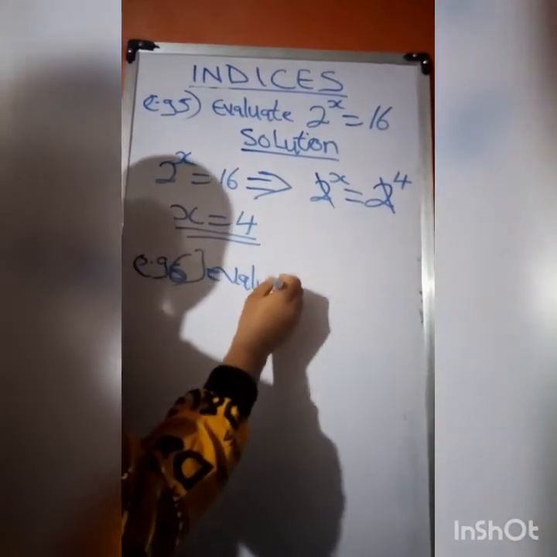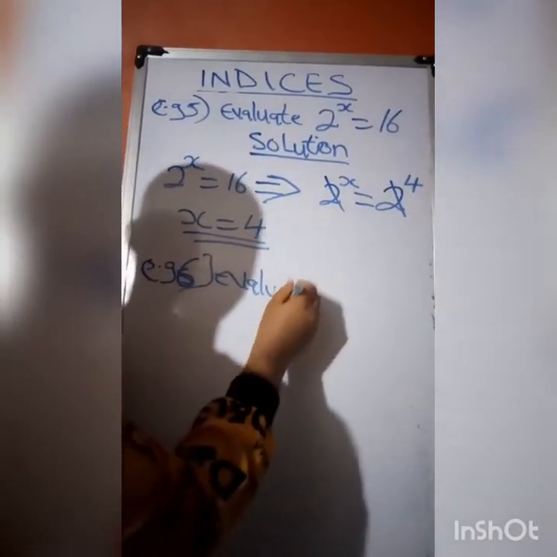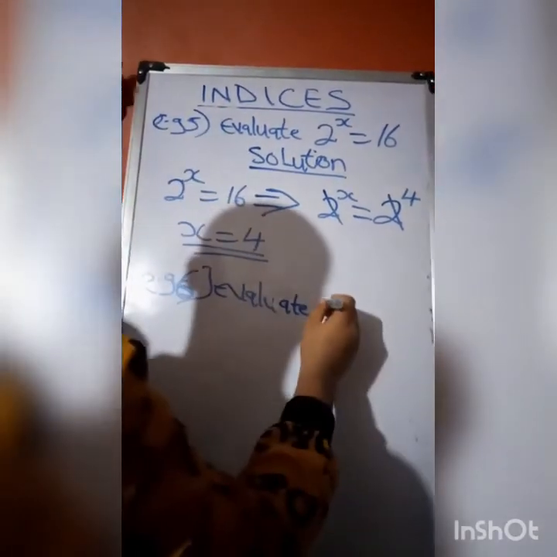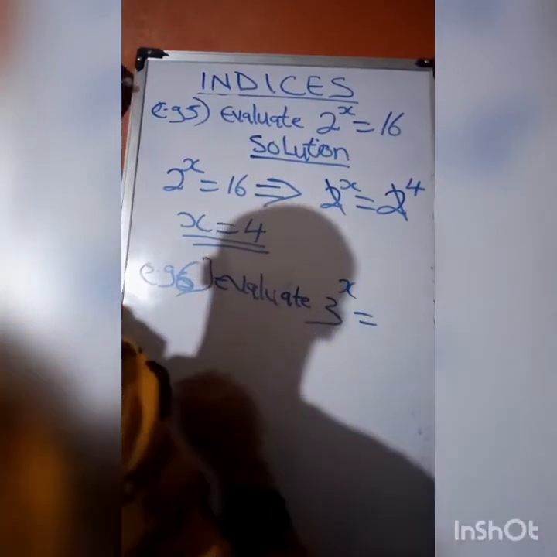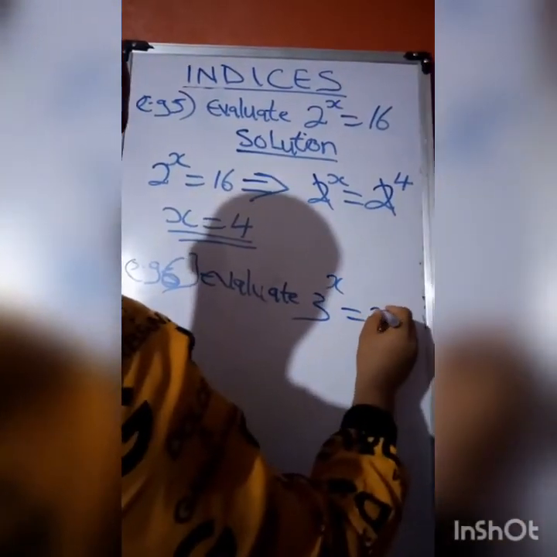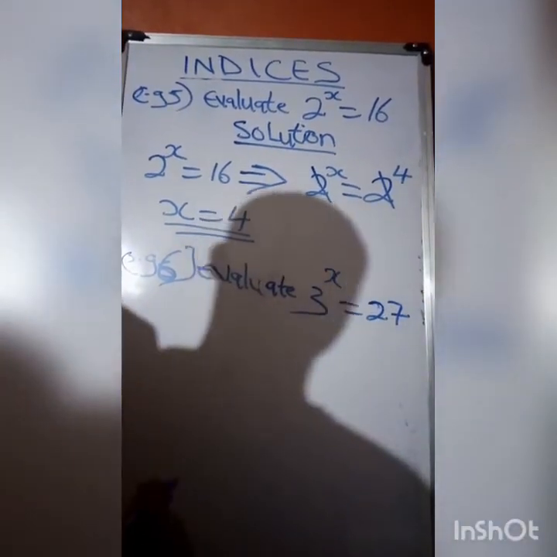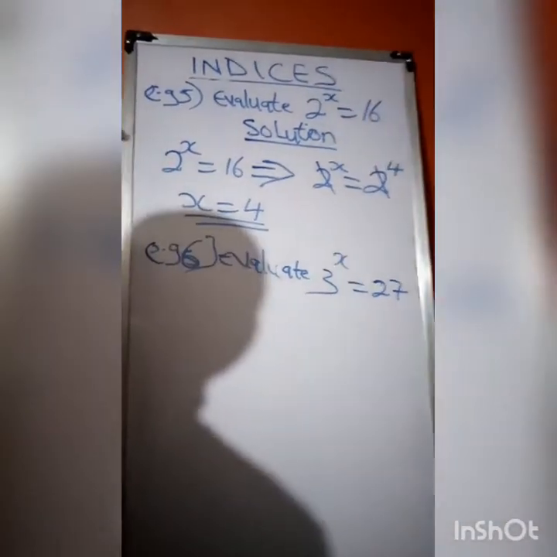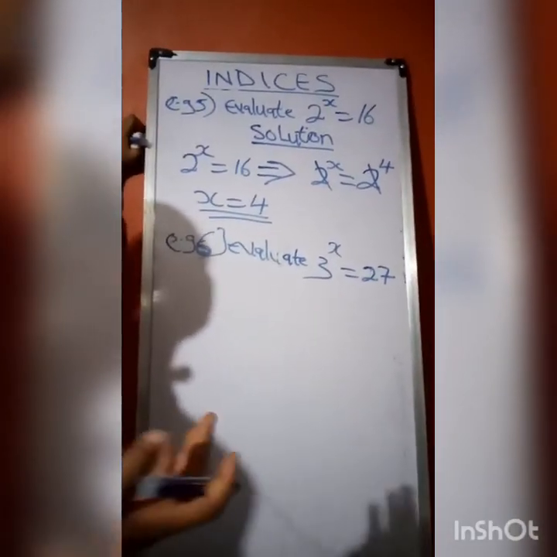Evaluate 3 raised to the power x equal to 27. All right, now I'm given this 3 raised to the power x equal to 27. What do I do?